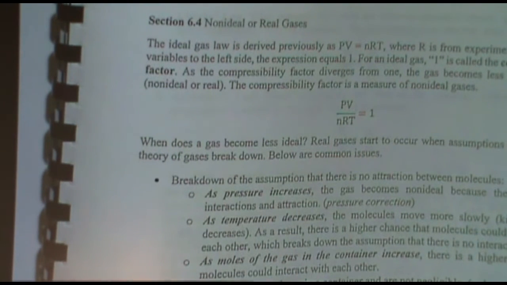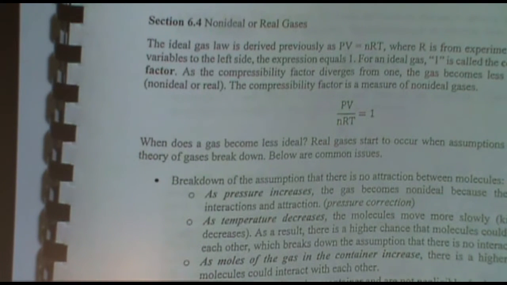You would calculate PV divided by nRT, and you see if you get the number 1 or a number really close to 1. If you get a number really close to 1, that's called the compressibility factor. It's an ideal gas. The further the number is from 1, the more real it is. So the number 1 is a way to measure, is this really ideal or not? Okay, so that's one calculation.